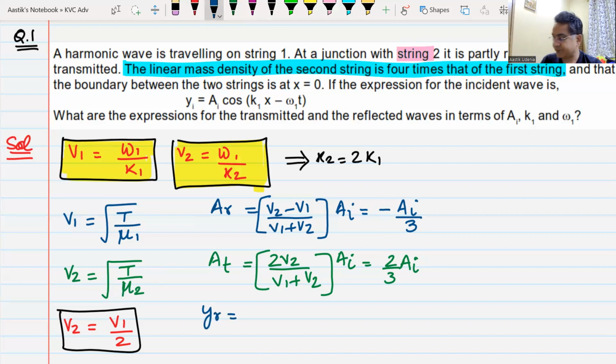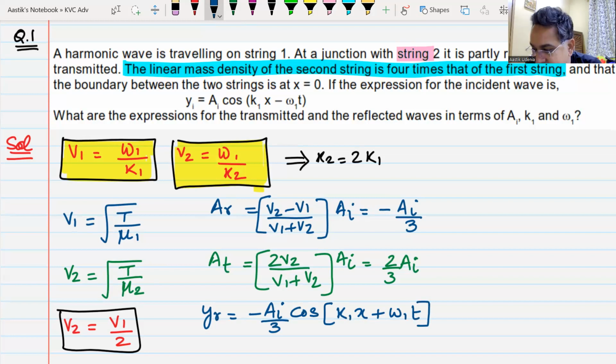What is the equation of the reflected wave, my dear friends? If you want to use negative, you can simply use negative here: minus AI by 3 cos of K1x plus omega 1t. Now you don't have to add pi because you have already done it with the minus sign on the outside.